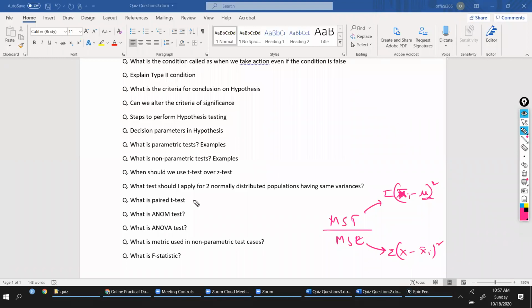Now, what can be the range of F statistic? It's a statistic, it's not a probability, right?